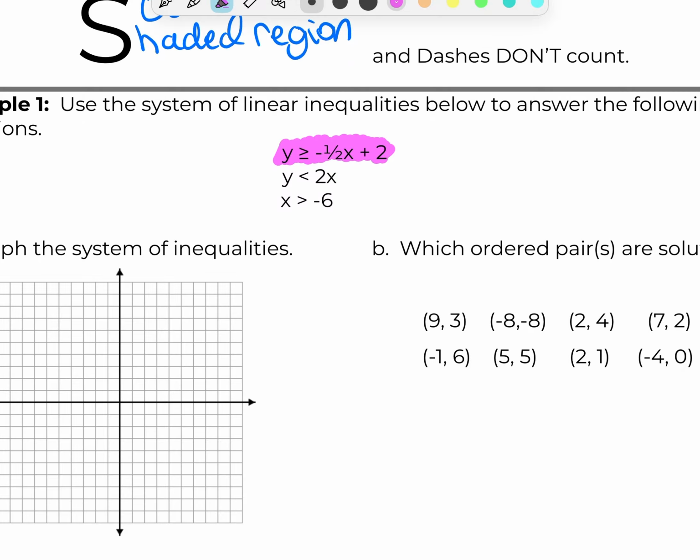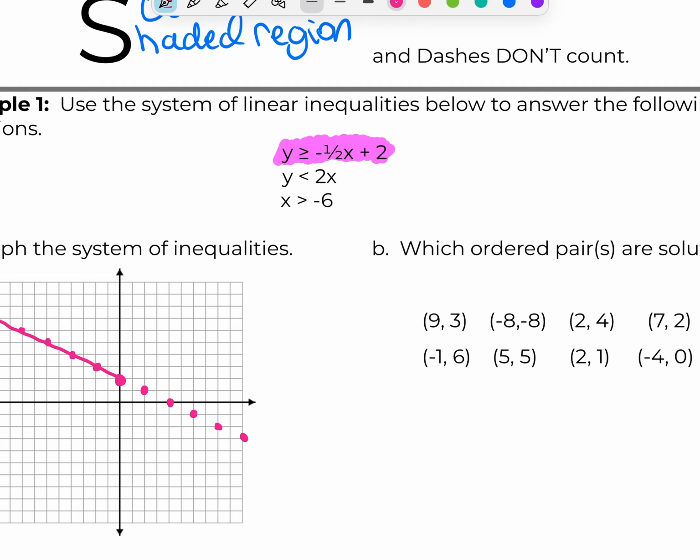Our first one is an mx plus b, and it does have an equal to, so this is going to be a solid line. We have a y-intercept of 2 and a slope of -1/2. So we're going to move down 1 and to the right 2 as far as we can go. Reverse your direction, up 1 and left 2, again as far as you can go.